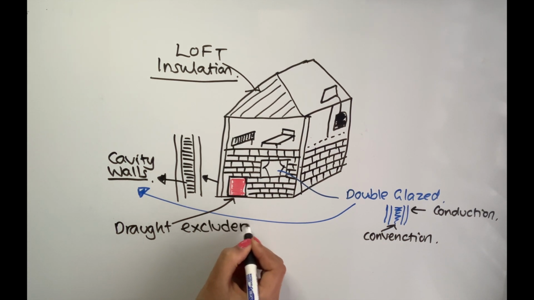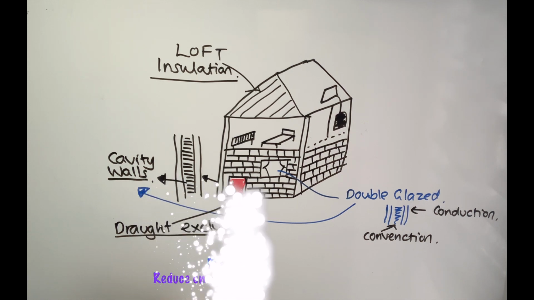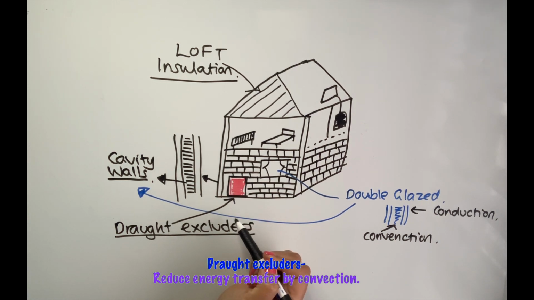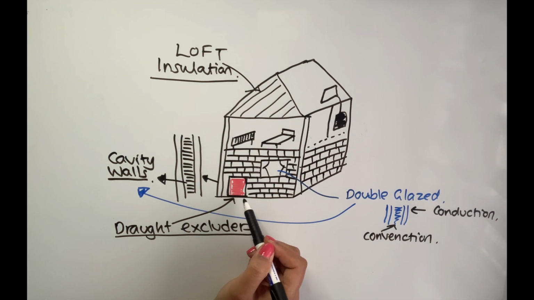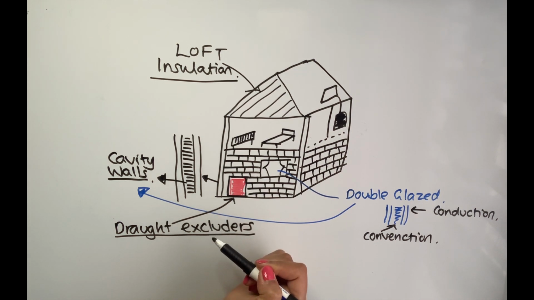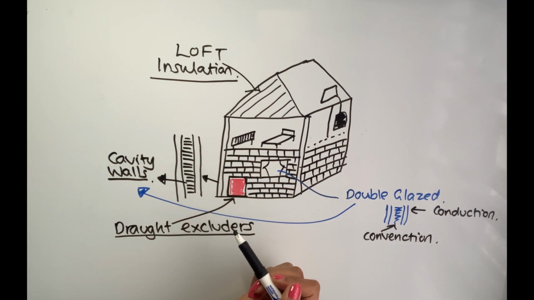These will help reduce heat loss through convection, because they fill the little gaps between the outside and the inside, and they're made from an insulating material, which means that heated air particles from inside your home would not be able to go outside, so it reduces heat transfer through convection. And those are the main ways in which you can help to keep your home warm.